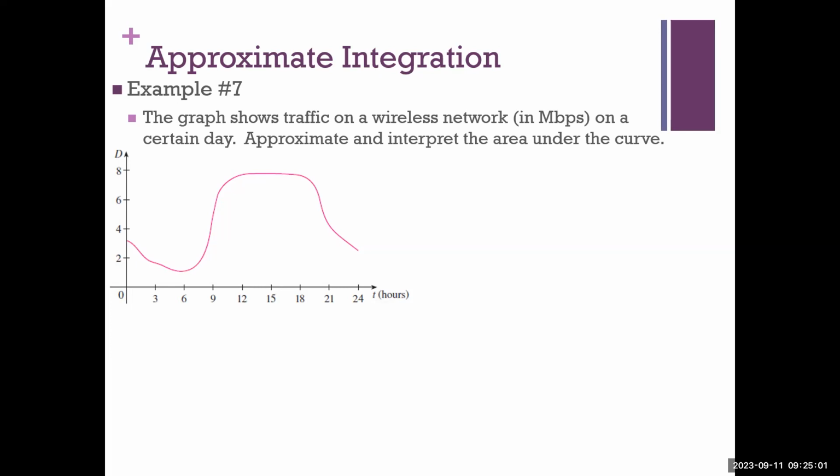So if I were to find the area under that curve, what would that give me? Total number of megabits. Yeah, so basically the total amount of information that's been transferred on that network. Actually, I'd also have to adjust the scales because one of them is in hours, the other one's in seconds, right? So there'd have to be some kind of conversion there, but that's essentially what that area gives you.